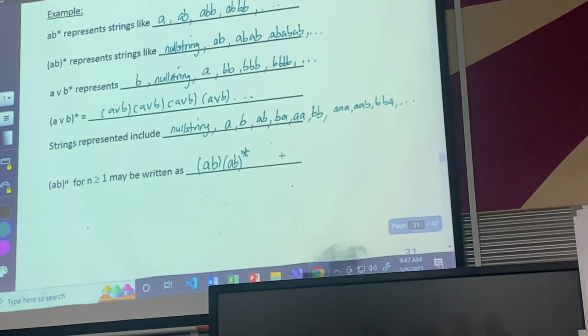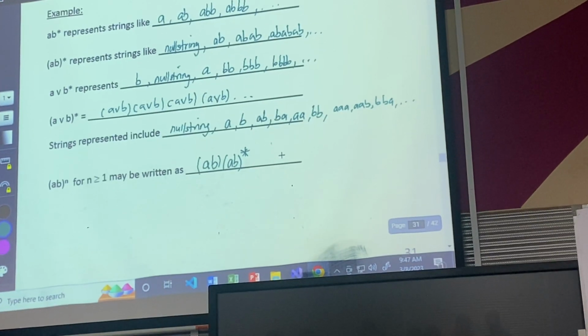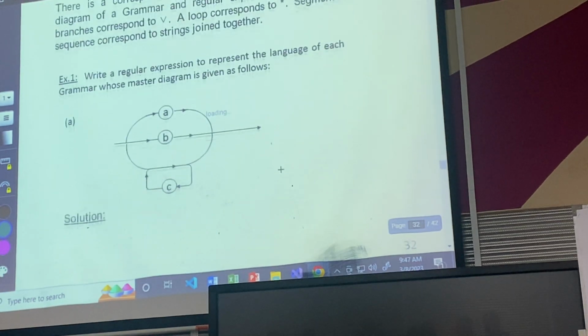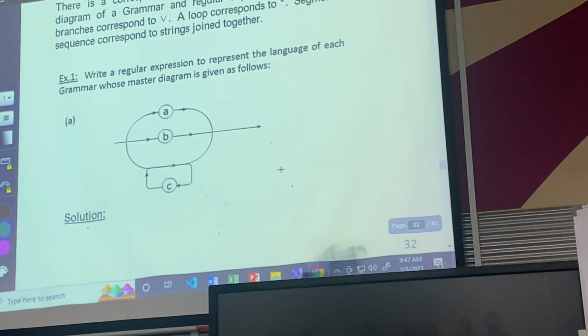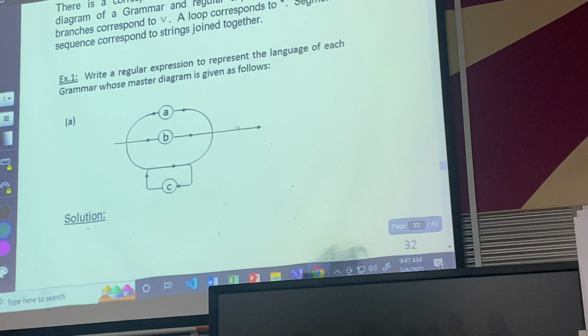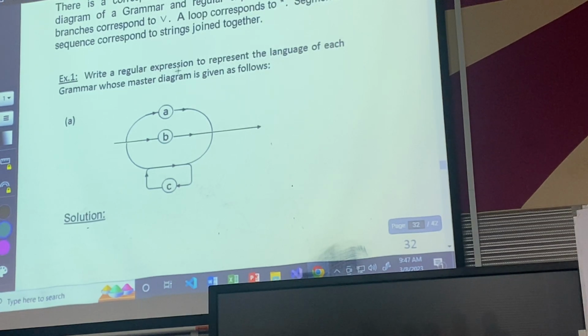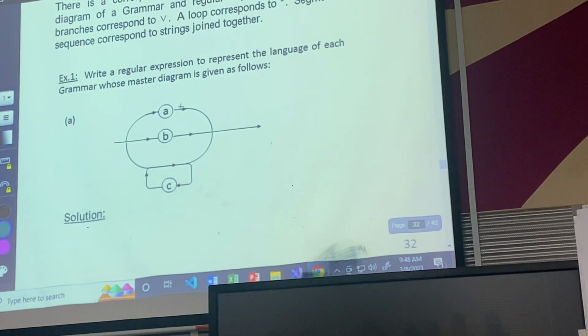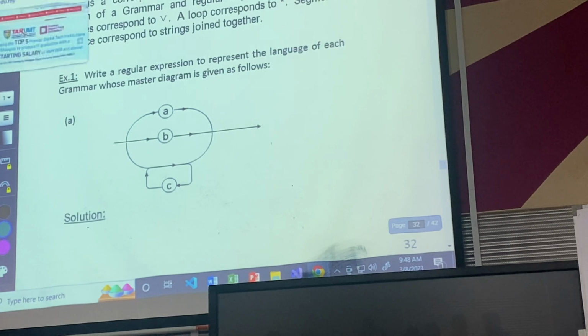Okay, any question for this? If no question, this is the part where you can write the regular grammar. See this diagram. This is considered the master diagram. From the master diagram here, they ask you to write a regular expression to represent the language of the grammar.